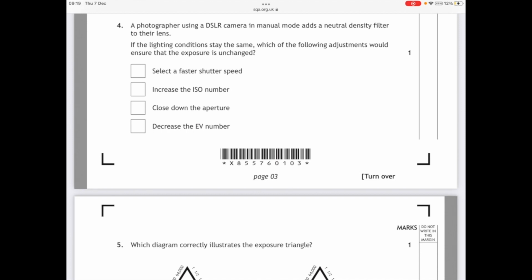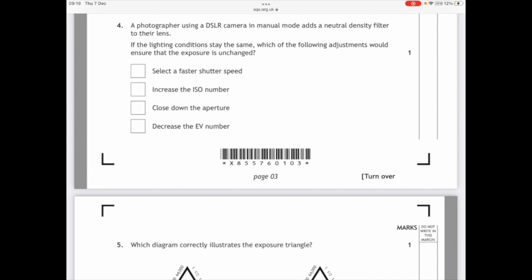Obviously, if we closed the aperture down, we would be making the image darker again, which we wouldn't want to do because we've placed an ND filter on the lens. And the last one, decrease the EV number. Again, that's going to make the image darker.